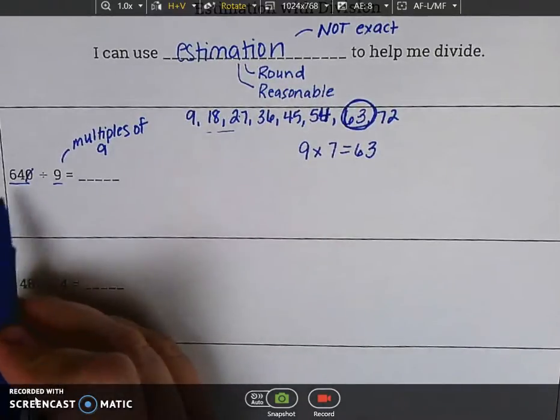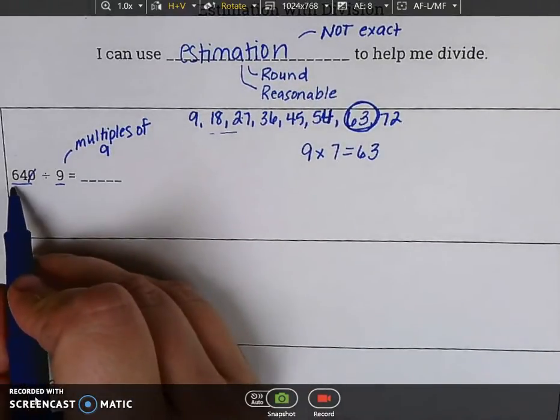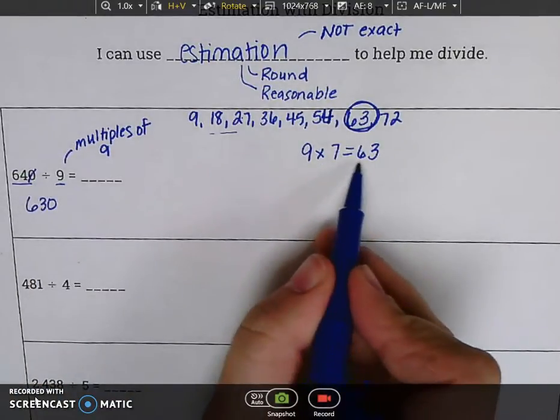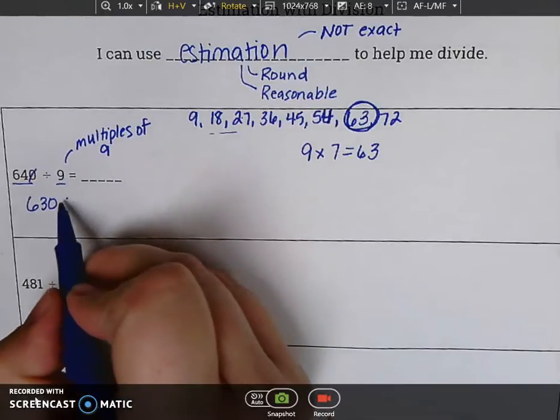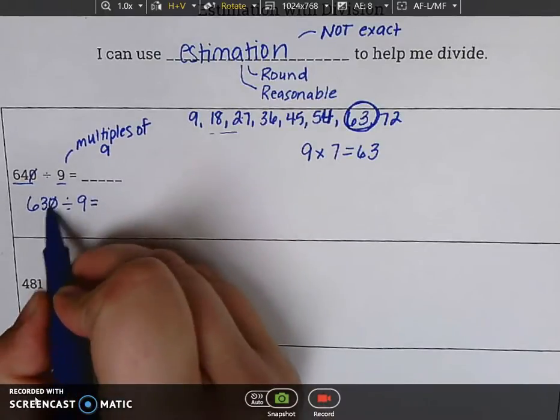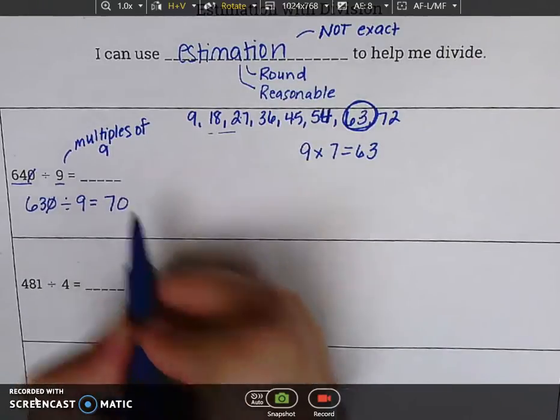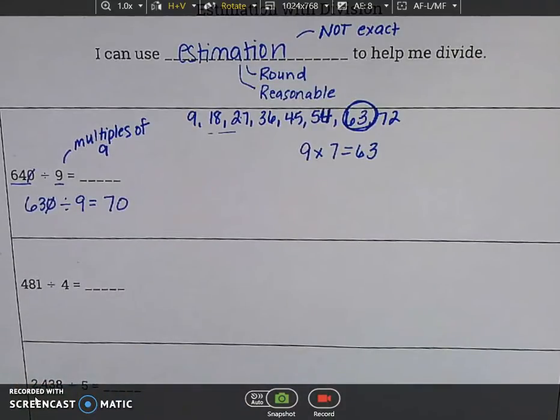So that means while I'm estimating, I'm going to estimate this to about 630, because that's my closest number, divided by 9. Forget that 0 for right now. 63 divided by 9 is 7. Add that 0 back on, which is 70. So my estimate of my answer here would be 70.